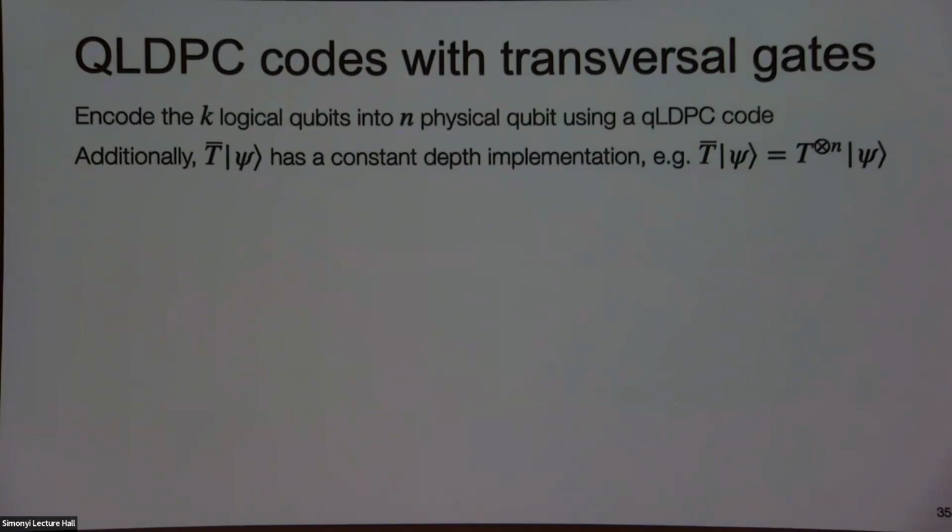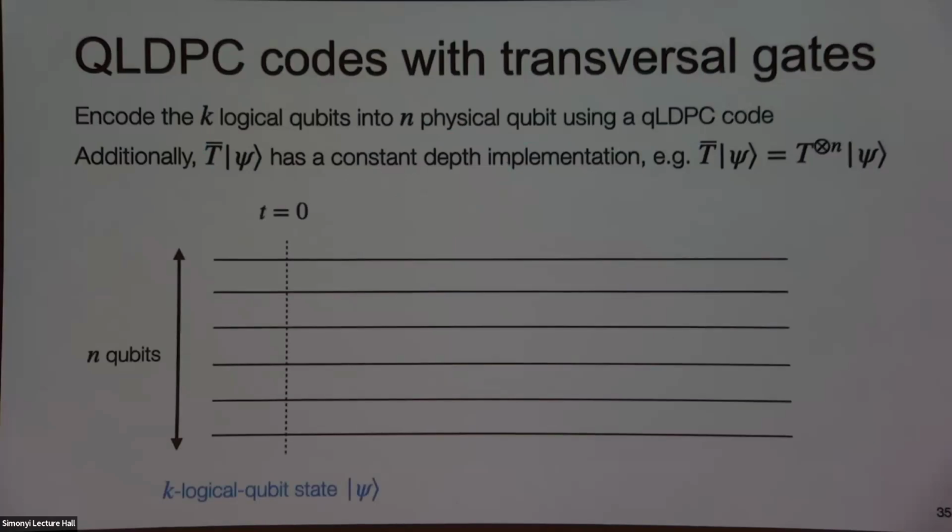But when we apply some logical operation on the quantum state, meaning an operation that still maps code words to code words, we want such an operation to be implemented in constant depth on the physical qubits. So you want some relation between the logical operation and some kind of physical operation. Let me illustrate it using a picture.